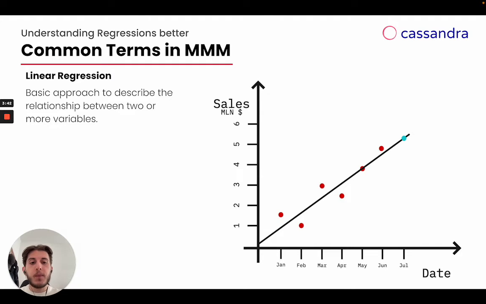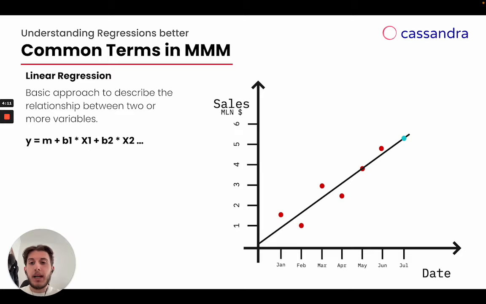This line is derived from an equation, which looks something like this: y equals m plus beta 1 times x1 plus beta 2 times x2, and so on. This is a really simple example, but once you start adding more variables, you will have 3D, 4D, 5D dimensions, so it's not easy to represent.